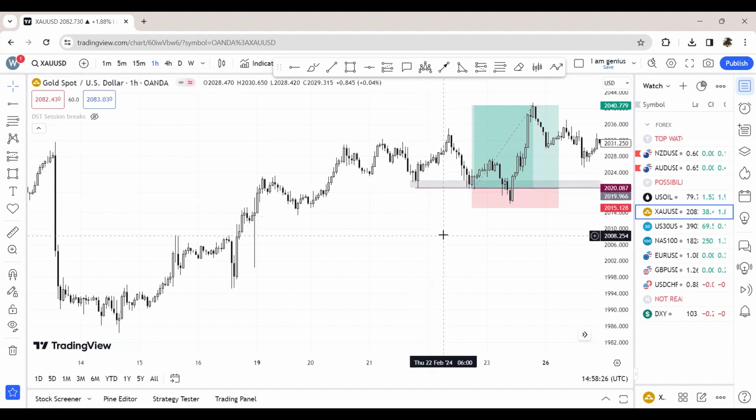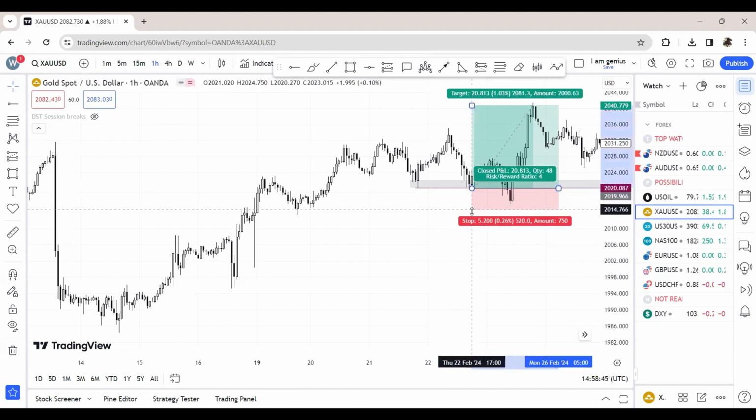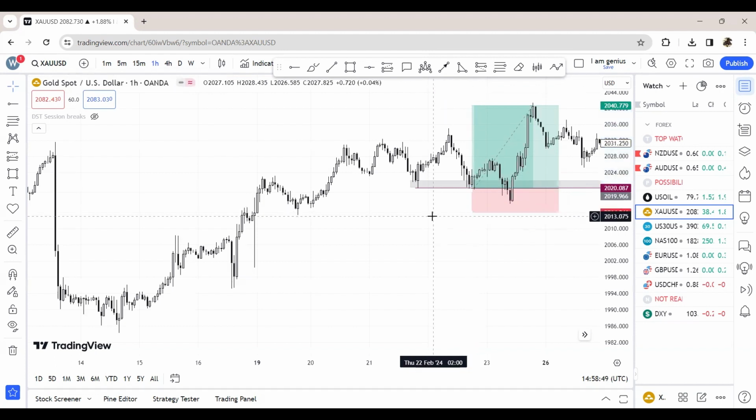Once you have that line set, you put your stop loss a reasonable distance away from that line and then put a pending order here. Or if you don't want to do that, you can just wait for the market to get back to this level, and once it does, enter, giving your trade some room by extending your stop loss a little bit like that. So this is one way of doing it.